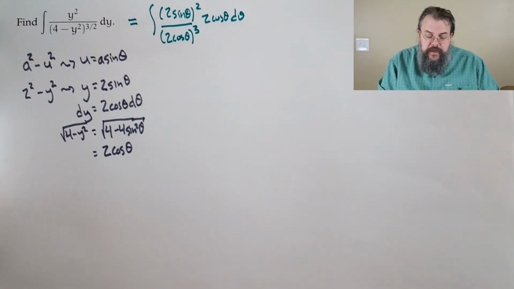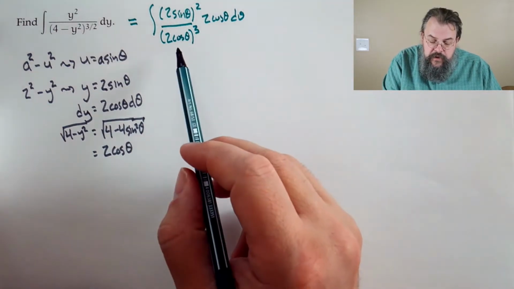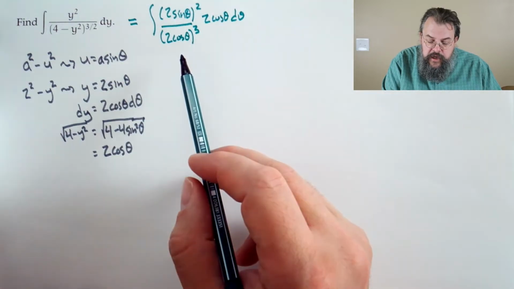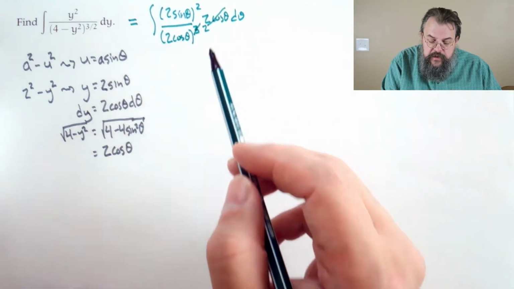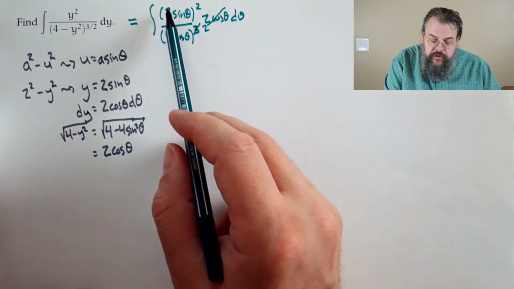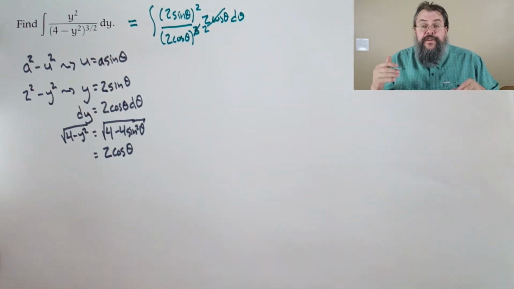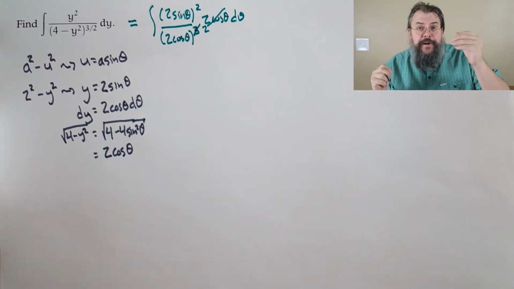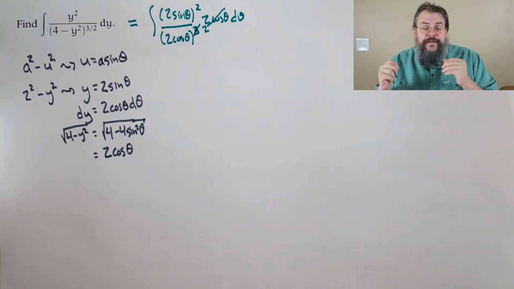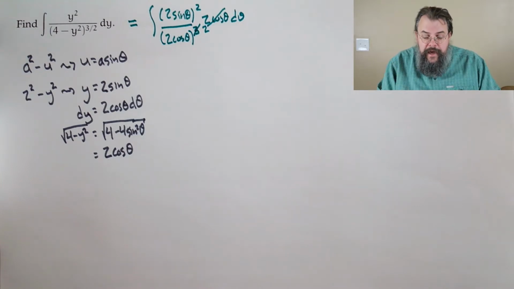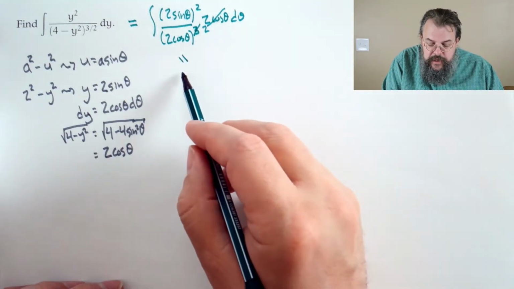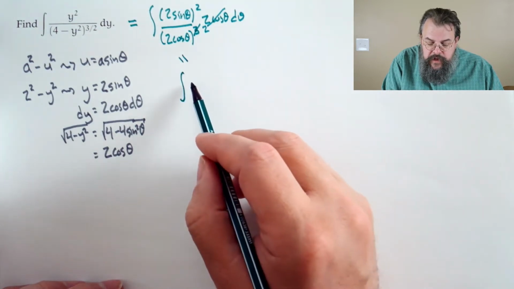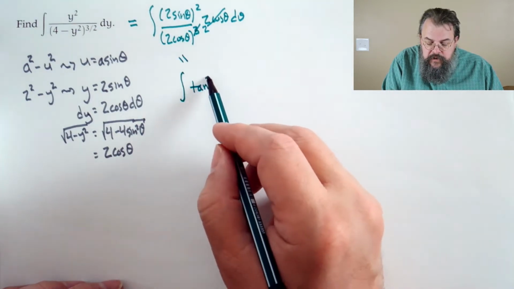Because we have this 2 cosine theta cubed, and there's a 2 cosine theta there, so we can knock one out. Okay, that's great. We have a 2 squared over 2 squared, which means the 2's will cancel. So we have a sine squared over a cosine squared. And that is not bad at all. Indeed, sine squared over cosine squared is tangent squared.